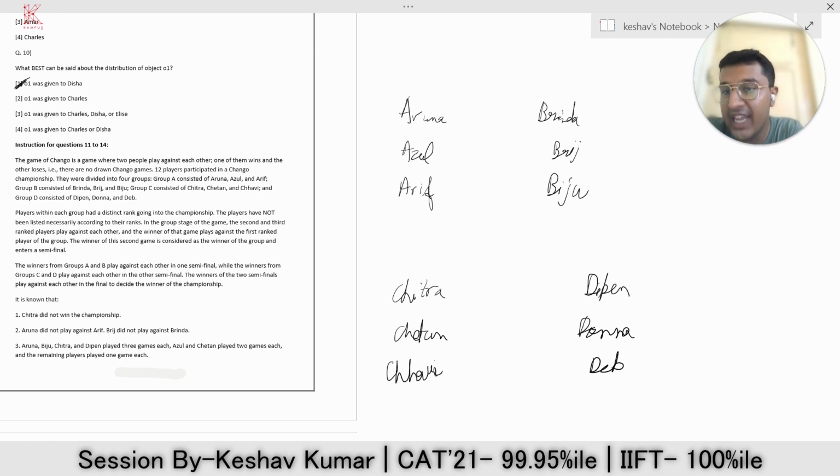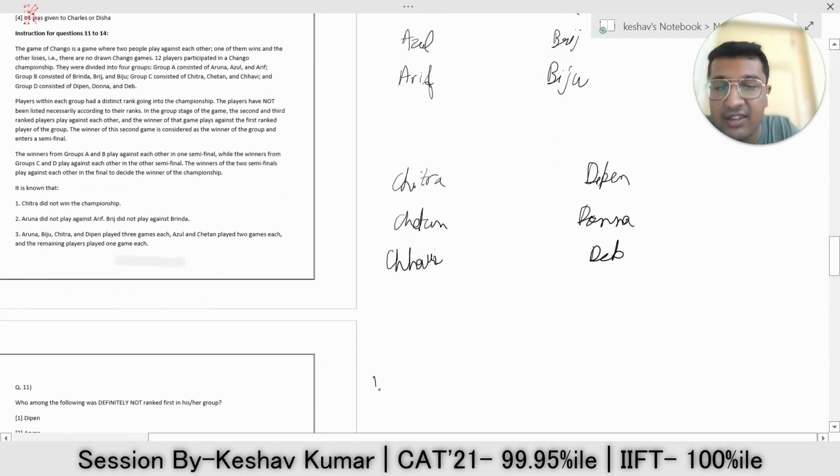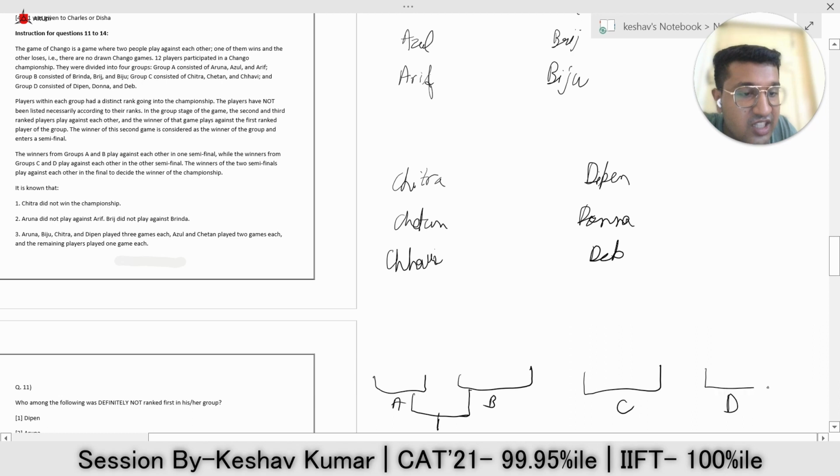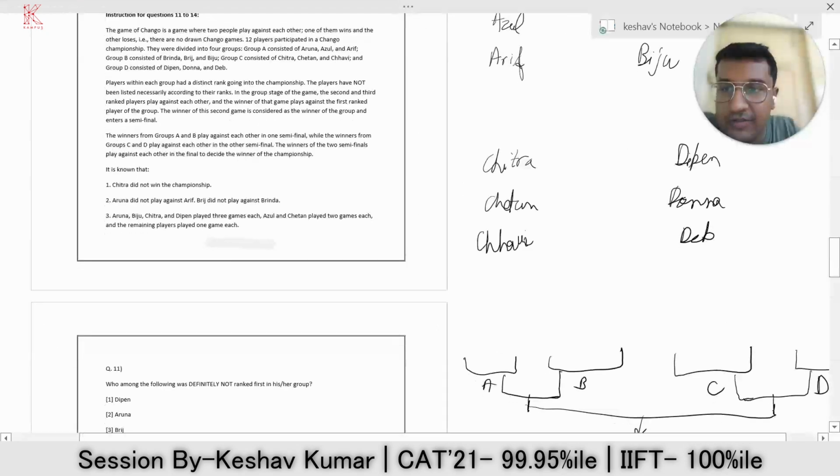The winners from groups A and B play against each other in one semi-final, and C and D play against each other in the other semi-final. The winners of the two semi-finals will play against each other in the final to decide the winner of the championship. Now let's go on to the facts.